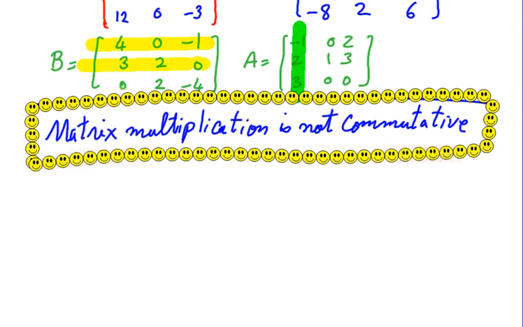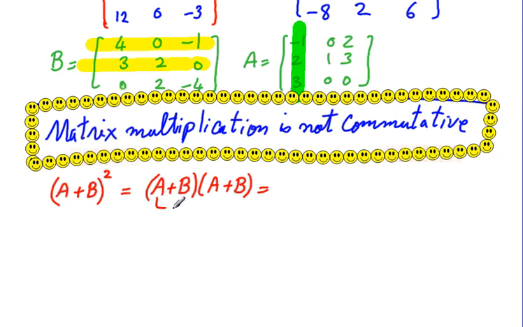For example, if you had picked out, say, a plus b squared, which simply means a plus b times a plus b, something that you learn in Algebra 1. What would you have done there? You would have said a times a, well, that is a squared.